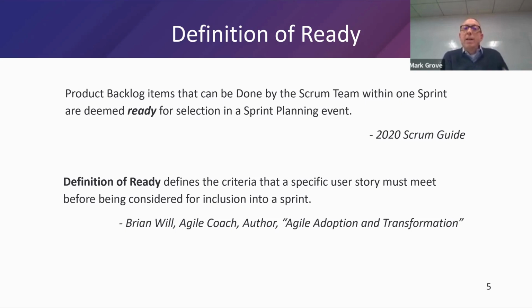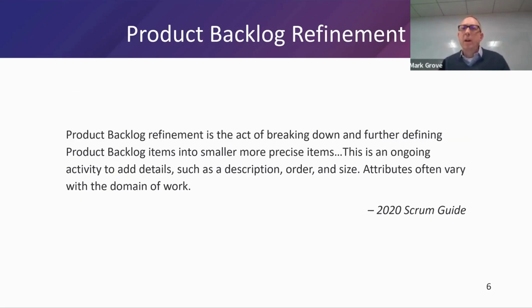So they need to be ready to be pulled into a sprint. They don't come out explicitly with a definition. A friend of mine, an agile coach, through his book, and you could Google this and you'll find lots of definitions like this, describes it as the criteria that a user story or a work item must have before you want to bring it into a sprint. That's what I'm talking about when I say ready.